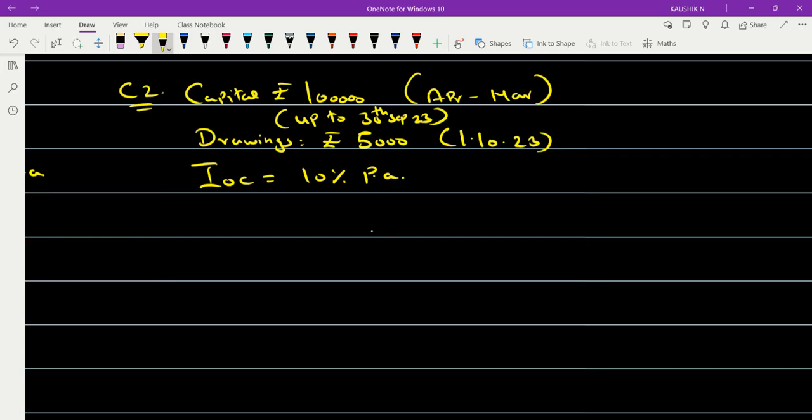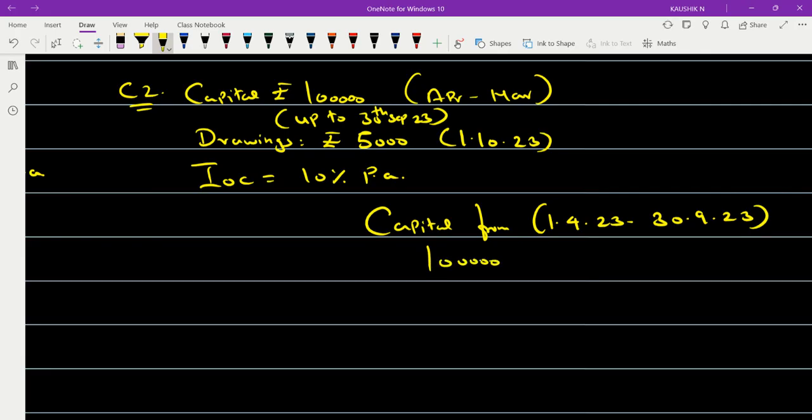It should be done in two phases. That is, first find out the capital from 1/4/23 to 30/9/23. What's the capital? It was 1 lakh. This is for how many months?